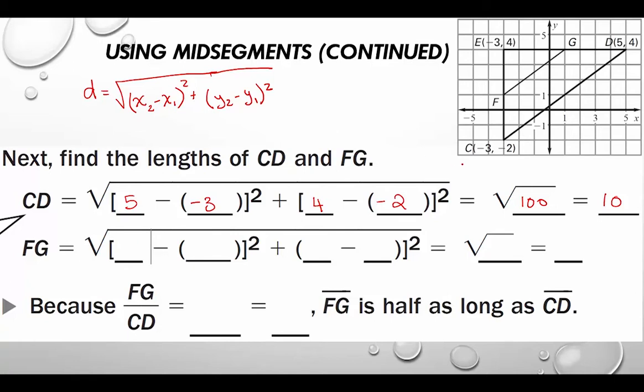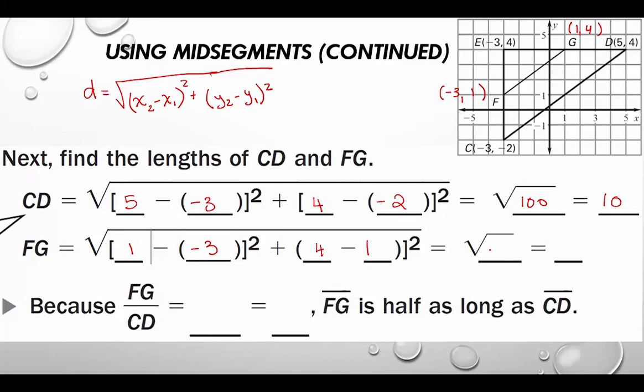Now finding FG, and let me rewrite this so it's negative 3, 1, and over here it is 1 and 4. So finding the lengths, we've got 1 minus a negative 3 squared plus 4 minus 1 squared.